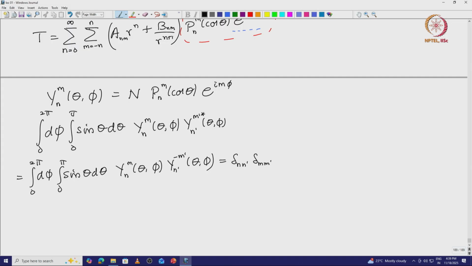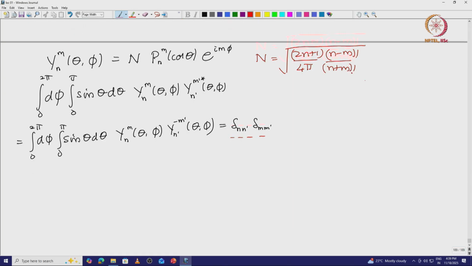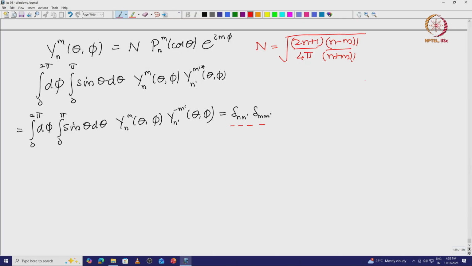In order to get this orthonormality, the normalization constant has to be defined as root of (2n plus 1) by 4 pi, into (n minus m) factorial by (n plus m) factorial.